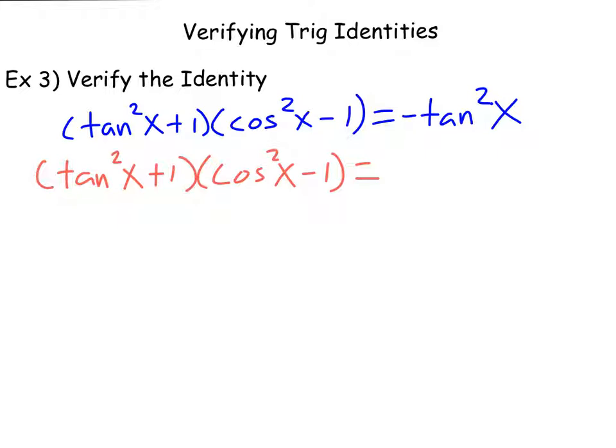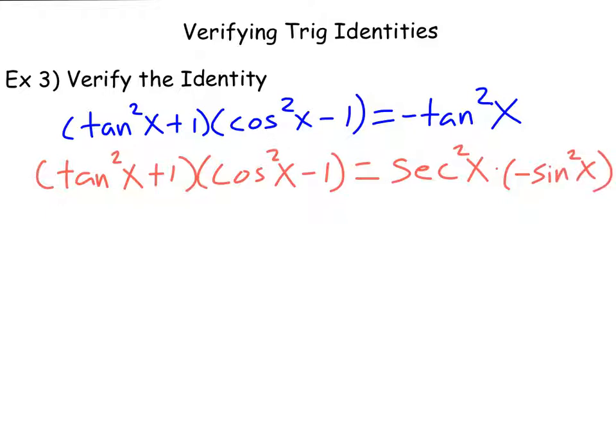Both of these are squared and they both feel very Pythagorean. Tangent squared plus 1, if you were to check what you have, you would see that is secant squared. Cosine squared minus 1 is negative sine squared.